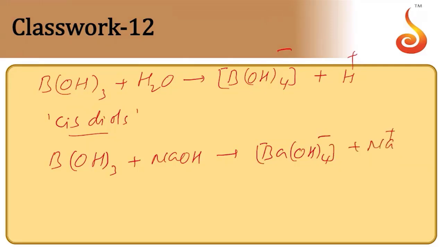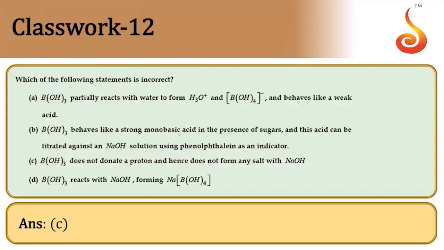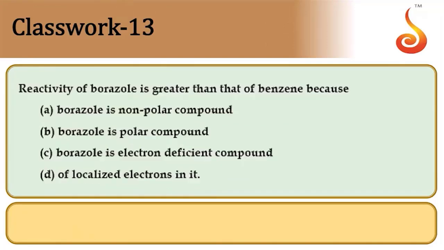So that is an incorrect statement. Boron hydroxide reacts with NaOH forming NaB(OH)4. So the wrong answer is option C now. Does not donate proton, hence does not form a salt. Actually it forms a salt with NaOH, that is NaB(OH)4. So option C is correct here.